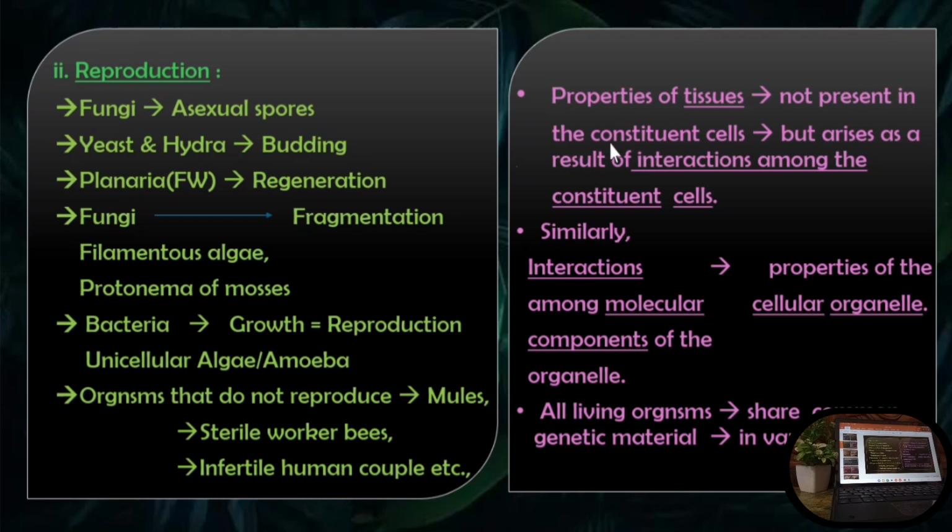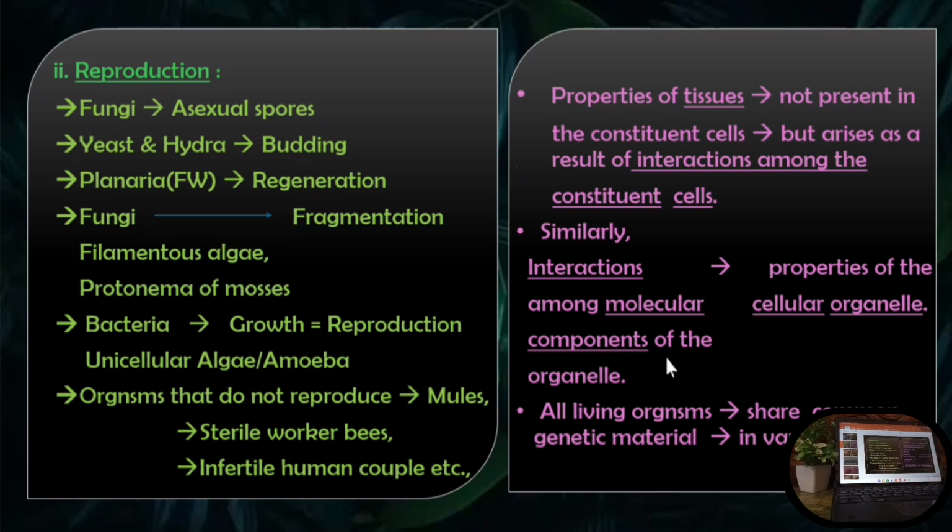And next is another topic. This is a key topic. Properties of tissues are not present in the constituent cells. That is, a single cell cannot define the properties of tissues, but they arise as a result of interactions among the constituent cells.